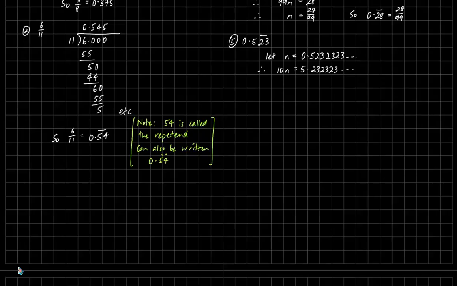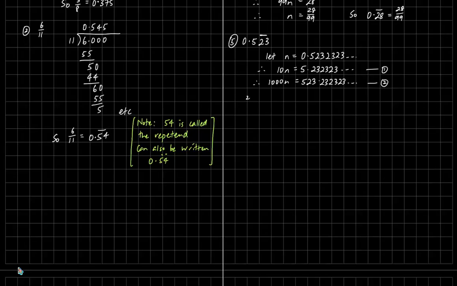And now if I was to multiply that number by 100, which is the same as multiplying n by 1000, so if I was to go 1000n, that would move the decimal point 3 places, wouldn't it? So that would be 523.232323, etc. So now with these two numbers, let's call that one 1 and this one 2, I've got the thing after the decimal point is identical.